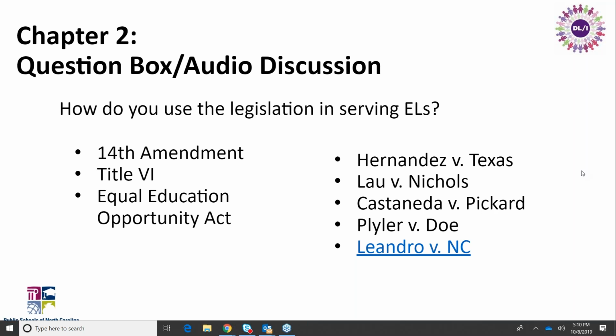So basically, I think those are the most common times where I see myself pulling out legislation and talking about the Equal Education Opportunity Act or the 14th Amendment or any kind of legislation, and trying to update myself on what is going on in the state, what has changed, what is new, what is different. Those are the two cases where I find myself going through the law in terms of how I can best serve the students.